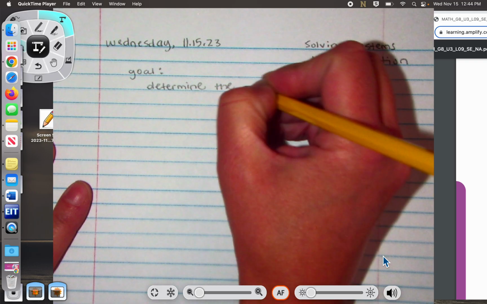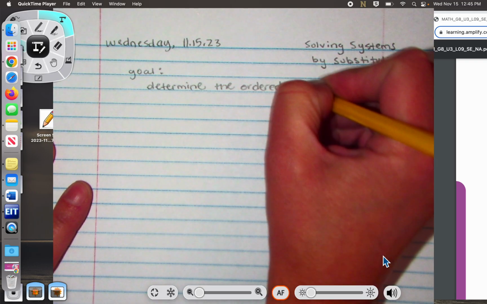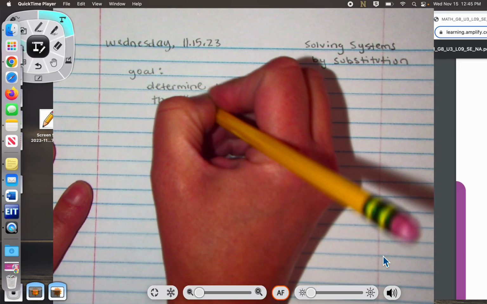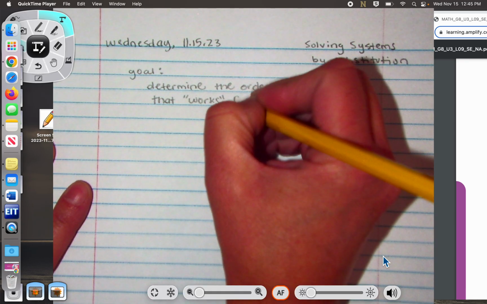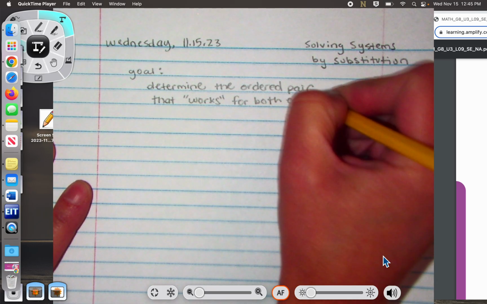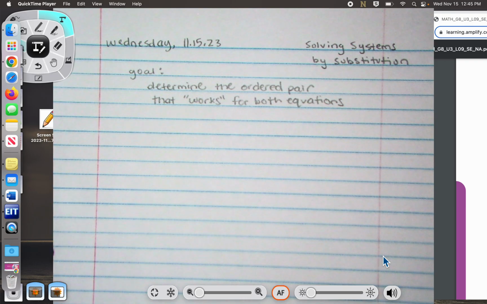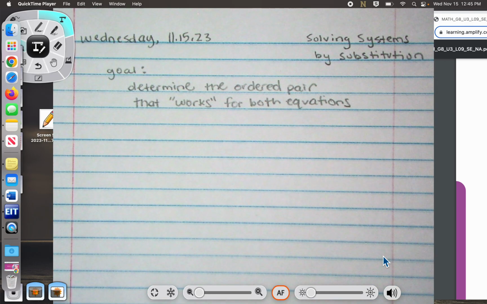We're going to try to determine the ordered pair that works for both equations. We're still trying to find that ordered pair. We're not going to be graphing for this. We're just going to use substitution.